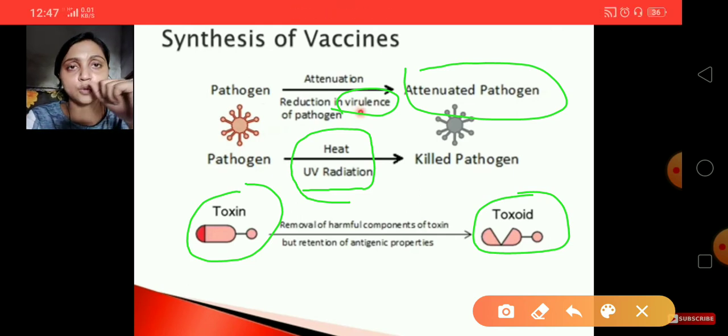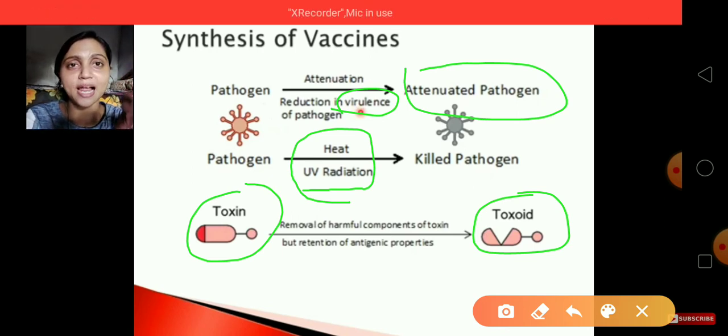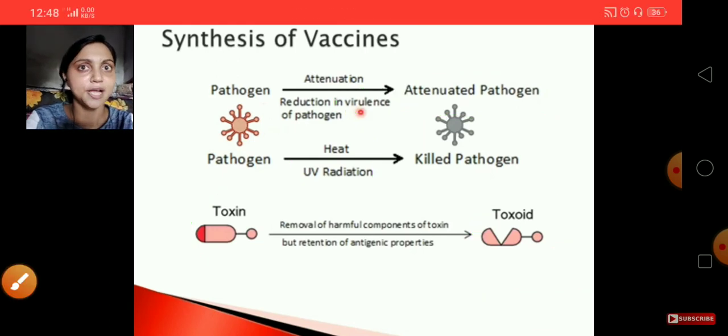This is known as the toxoid. You have removed all the negative character from the toxin, so only the outer proteinaceous coat remains. Our immune system has the capacity to read all the characters of the antigen from that proteinaceous coat, and in response, it will produce a particular antibody. This is the toxoid.